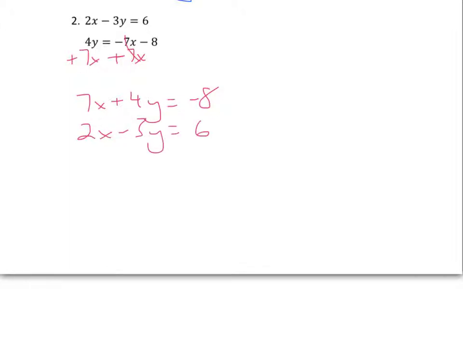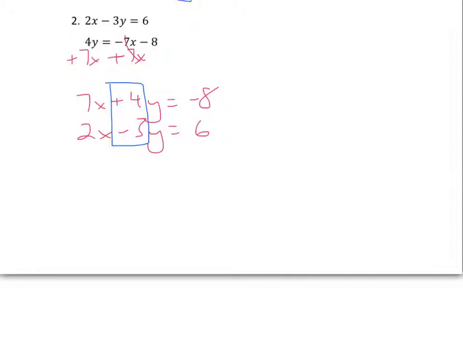Now, this one's a little bit more difficult because the only way to multiply any one of these to get them equal to each other is you'd have to use fractions. But you can actually multiply both equations, and that's the easier way to do it. We see here this plus 4 and minus 3.